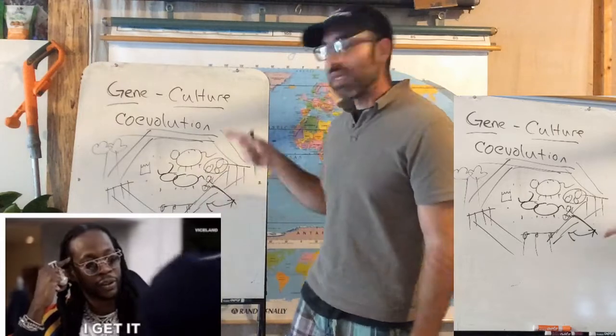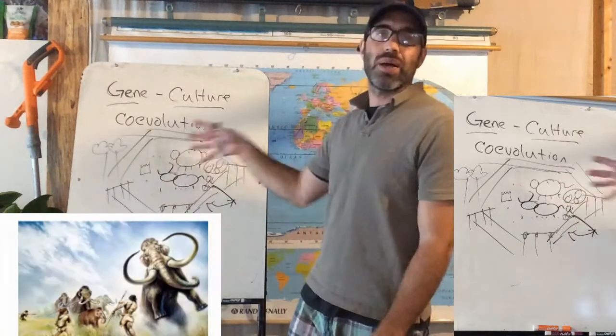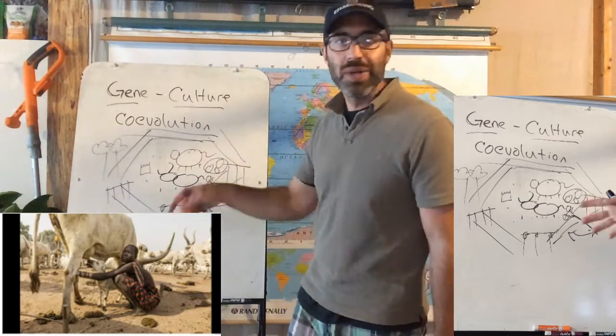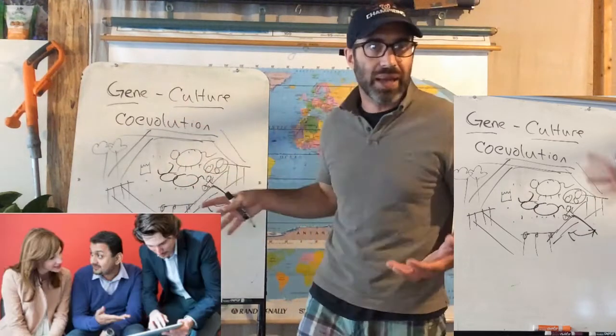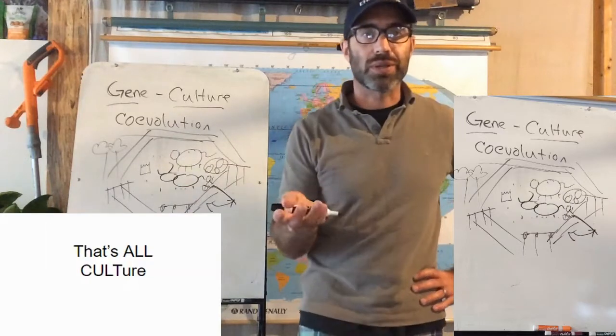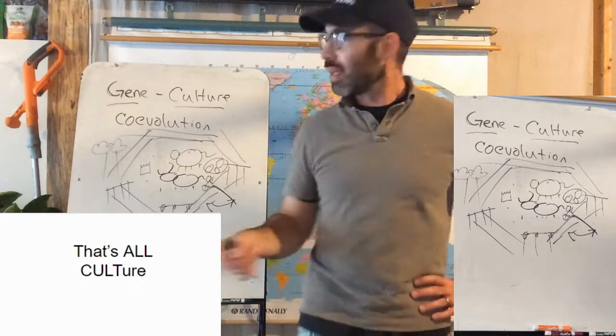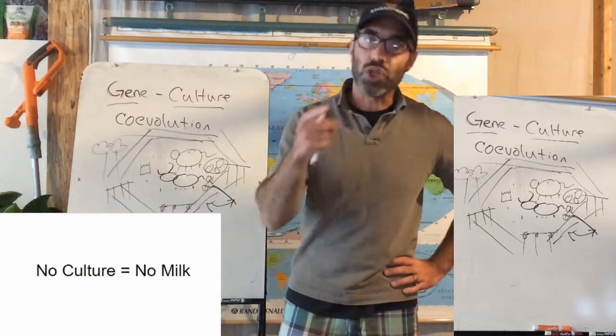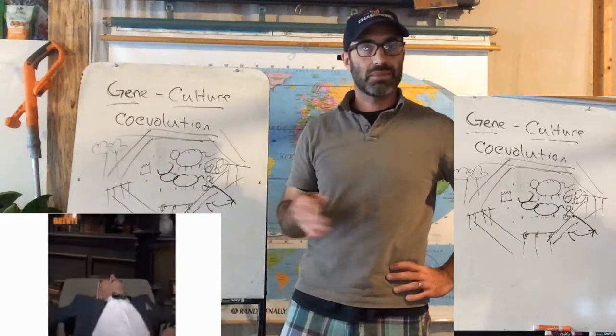Now, the ability to make a fence, the ability to corral a beast, the ability to make a gate, the ability to milk a cow, the ability to communicate and make a plan. That's culture. That's all culture. If there was no culture, there would be no milk. If there was no milk, you wouldn't be able to eat cheese.